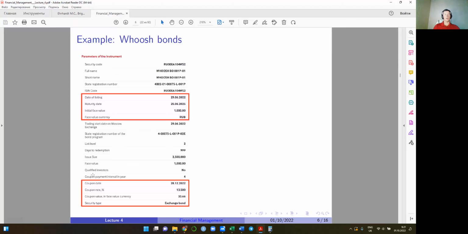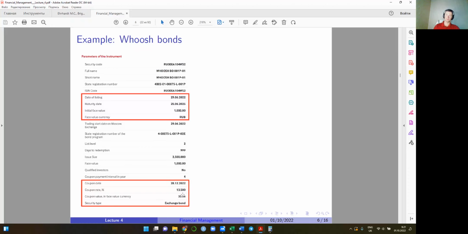Coupon payment interval in year is 4, which means that the company pays coupons 4 times a year. So 4 times a year, any investor is going to receive this 33.66. And coupon rate 13.5.